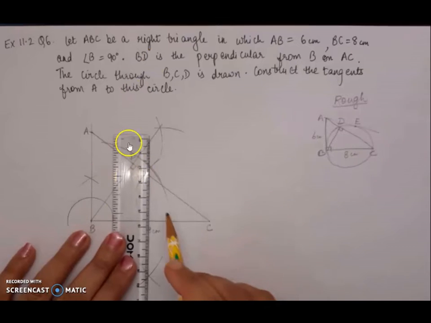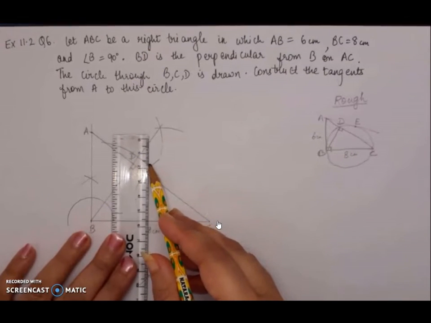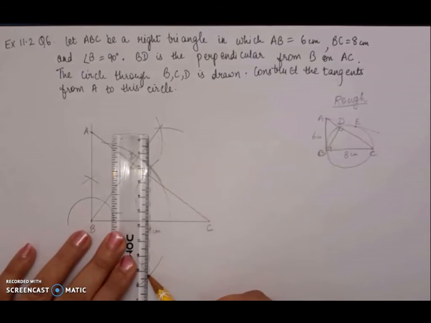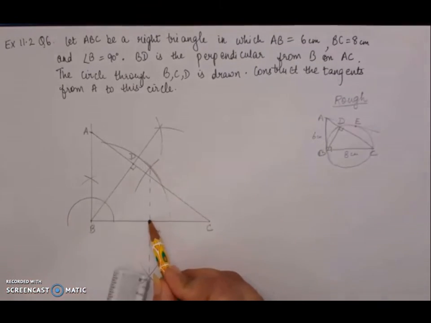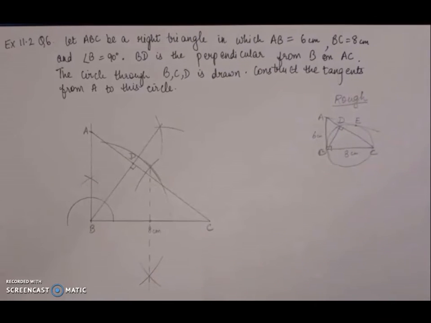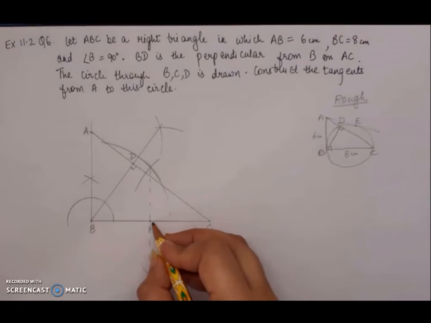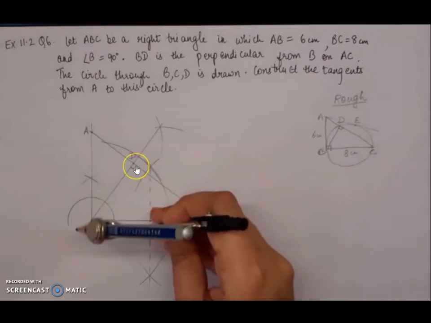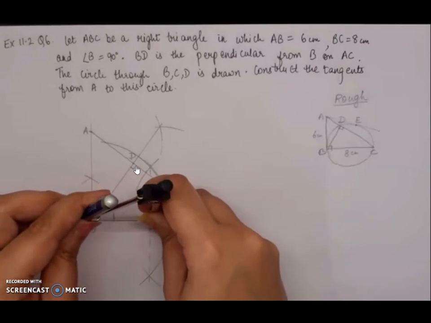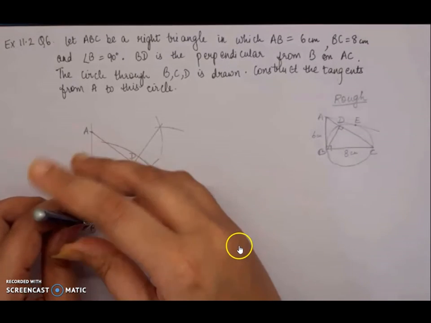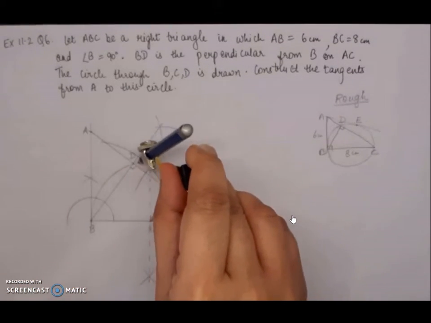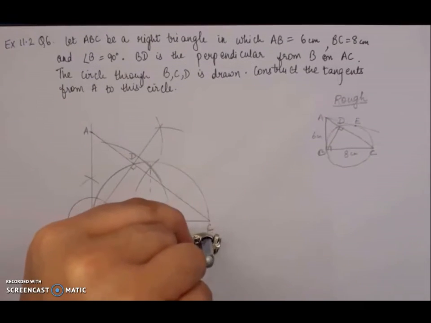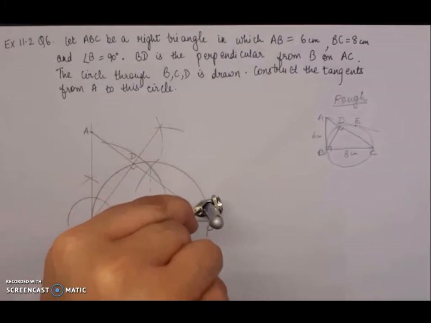So therefore, if we find the center of BC, that will only be the center of the circle also. So this angle is 90 degrees and angle in a semicircle is also 90 degrees. So in that case, BC should be the diameter. So half of BC must be the radius. So by bisecting BC, we obtain the center of this circle.